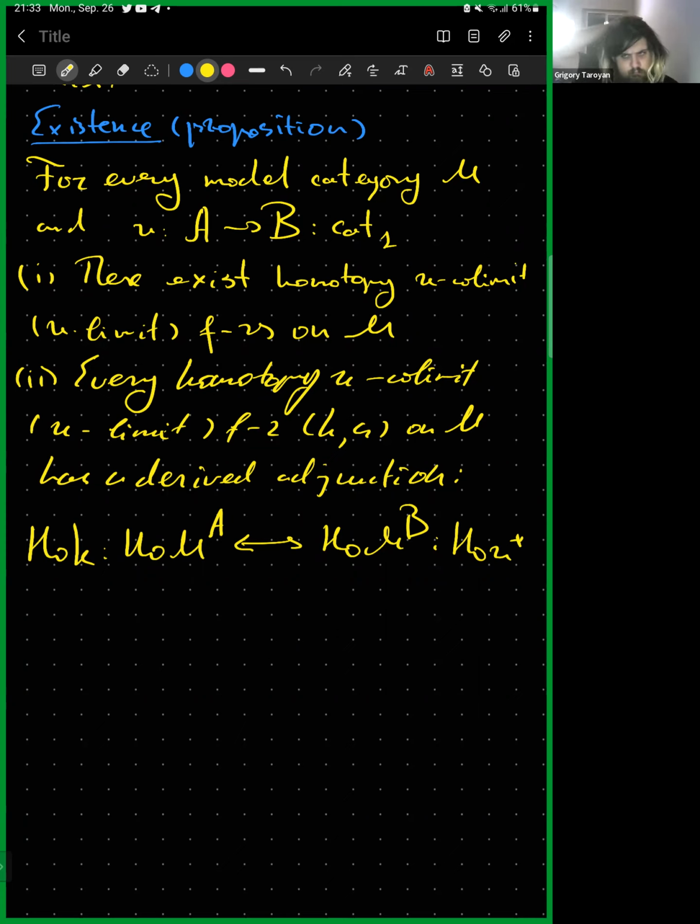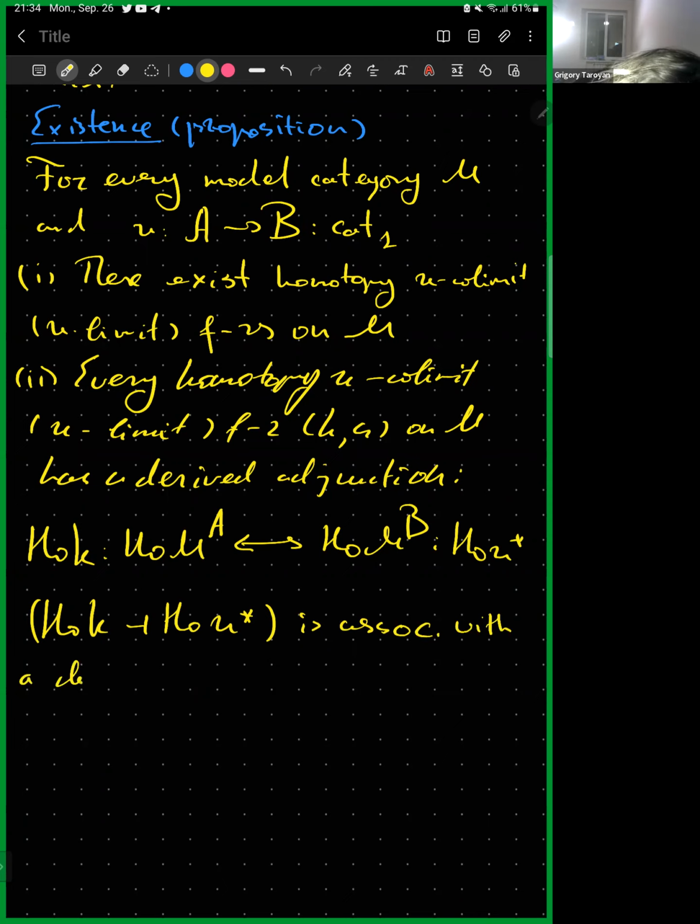And so these derived adjunctions are associated with a pair of approximations for the adjunction on categories of diagrams.